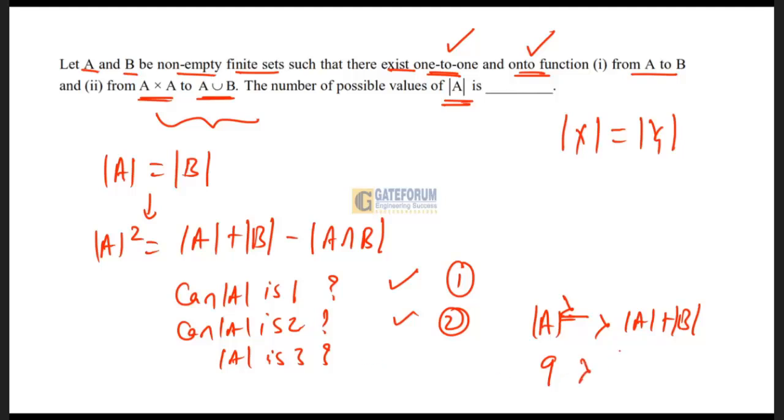That should be greater than 3 plus 3, yes, but they are not equal now. 9 is greater than 6. Thus only two values are possible, it could be 1 or it could be 2. So the answer will be 2. It was a NAT based question, so the answer will be 2. So I hope it is clear.